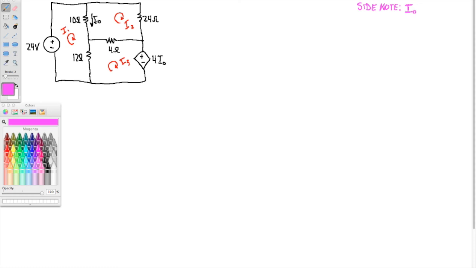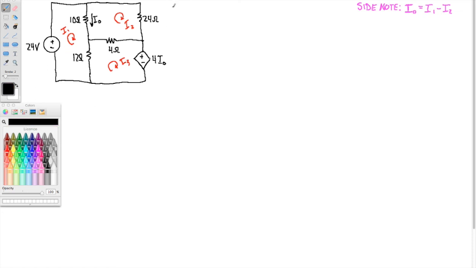We do not want to use I0. But we can relate I0 to our unknowns. I0 is in the direction of I1, and I2 opposes it. So our side note is that I0 is I1 minus I2. Whenever I write an equation that I want to use I0, instead I'm going to use I1 minus I2. That way my equations are kept in terms of these 3 unknowns in red.